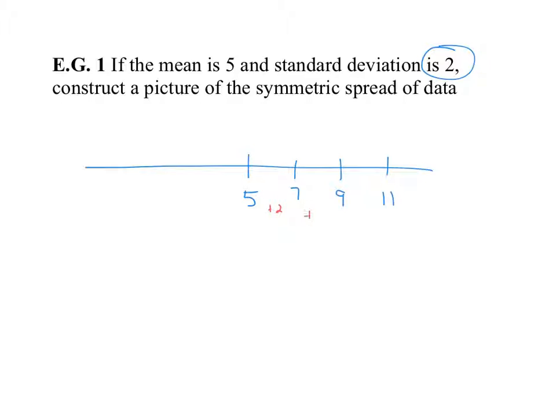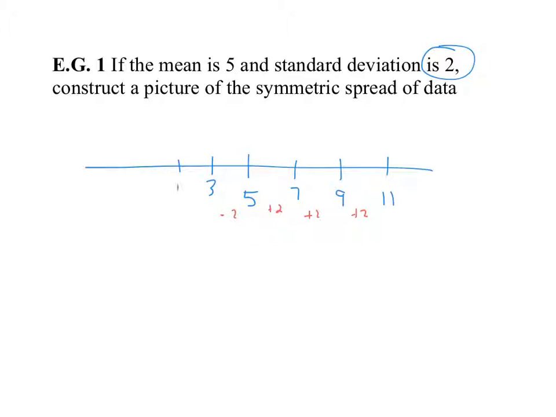So each time we plant a marker, we're using the standard deviation to add to it to get to the next marker. Usually we go 3 marks above the mean, and then we go 3 marks below. So below 5, we're going to use the standard deviation, but subtract 2 this time to get 3.